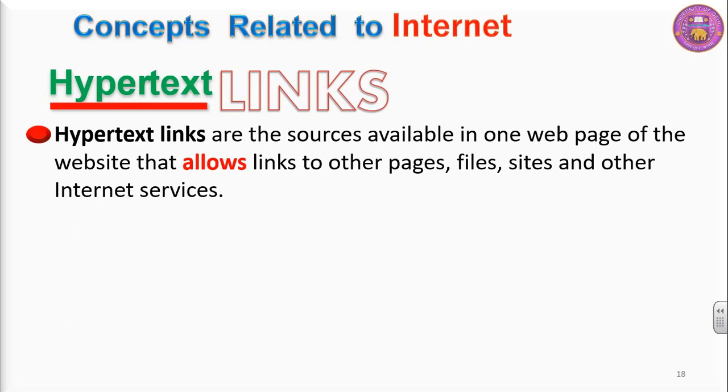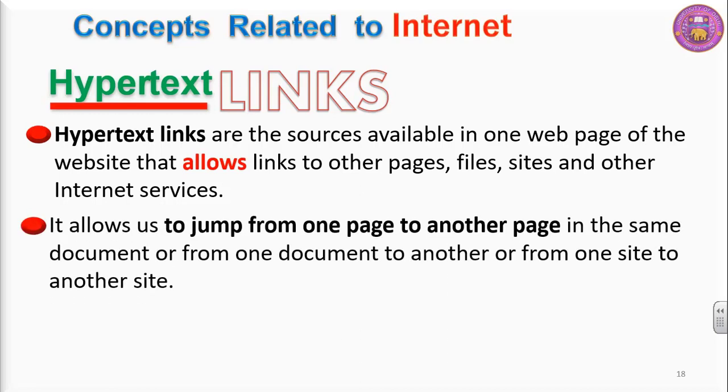Hypertext links are the sources available in one page of the website that allows links to other pages, files, sites, and other internet services. It allows us to jump from one page to another page in the same document, or from one document to another, or from one site to another site.